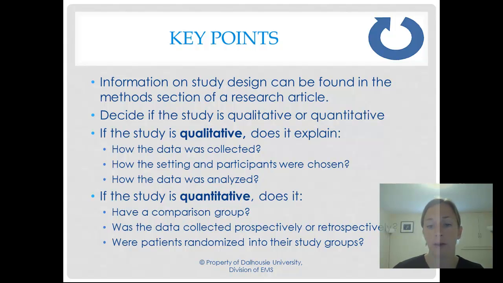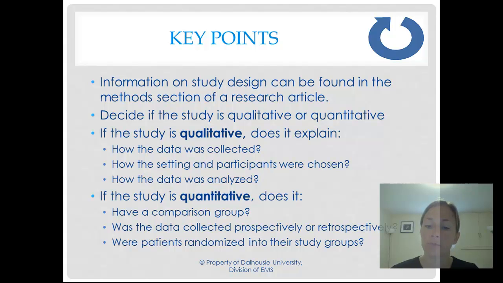If your study, on the other hand, was a quantitative study, the key questions you want to ask are: did this study have a comparison group? Were there two or more groups in this research study, or was this a single group of patients who were described? Was the data collected prospectively or retrospectively? So was it collected in real time for the purpose of the study, or was it gathered from existing medical or administrative dispatch, for example, records, and then used for the purpose of the study?